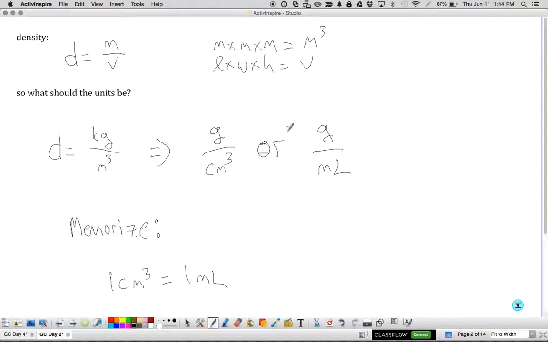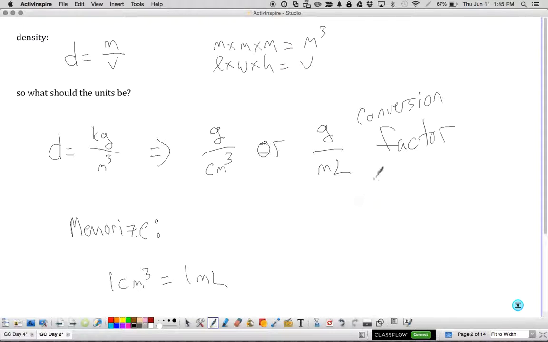Now, any time that you see units set up like this, you should be thinking conversion factor, okay? Density is really a conversion factor, and it converts between mass and volume.